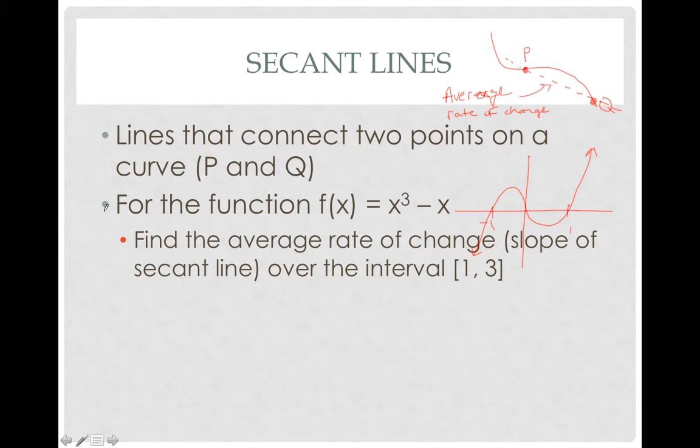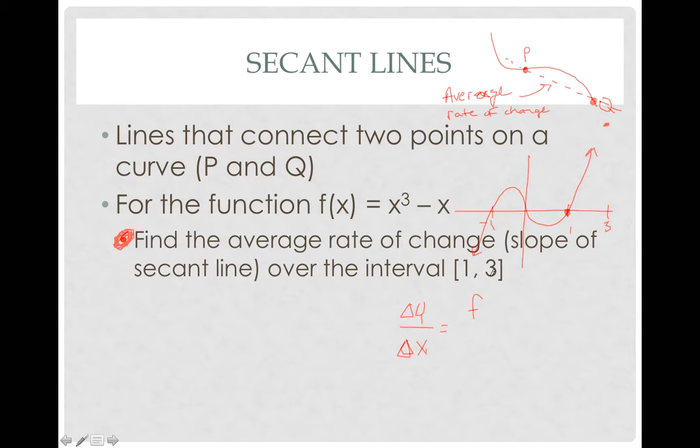Please take big note of this question here. The average rate of change is just the slope between 2 points. And I want to go between 1 and 3, so somewhere up here. So that's basically saying I want to find the slope, the change in y, so delta y over delta x.